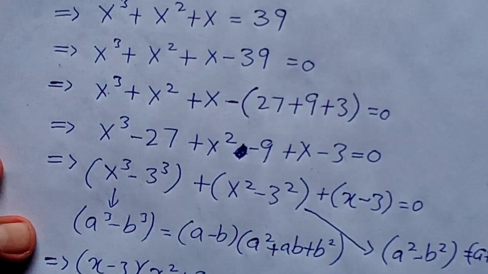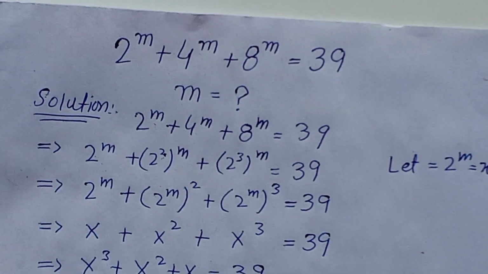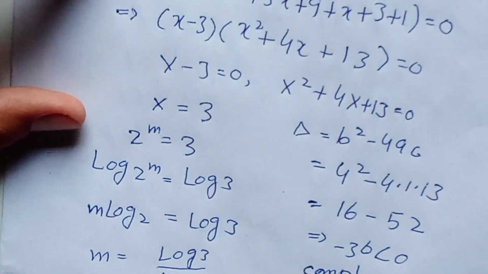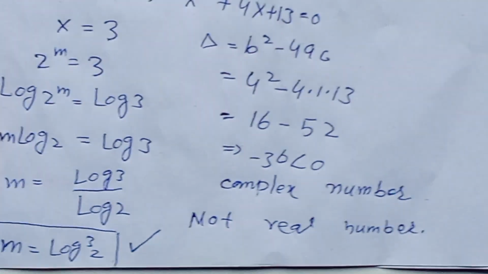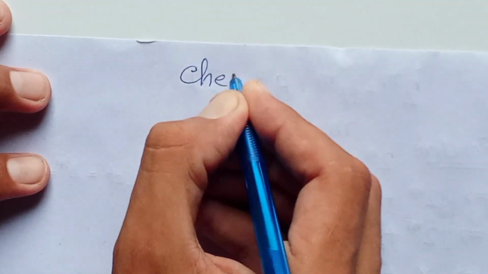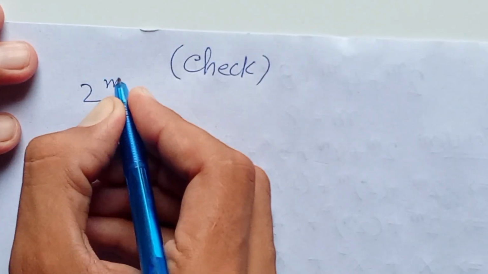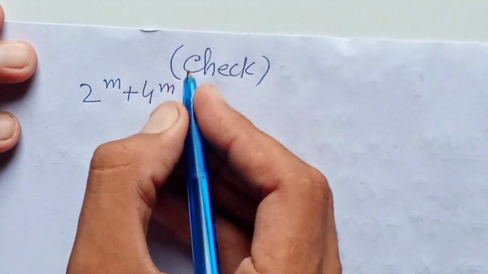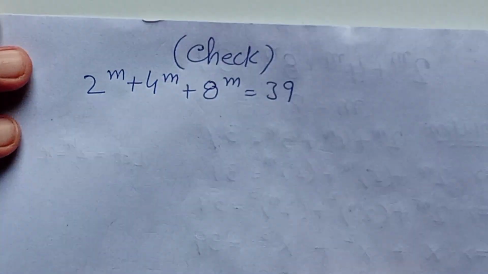Guys, now I can verify and check whether the value m equal to log base 2 of 3 is correct or not. I can verify it on the next page. Check: the expression is 2 to the power m plus 4 to the power m plus 8 to the power m is equal to 39.